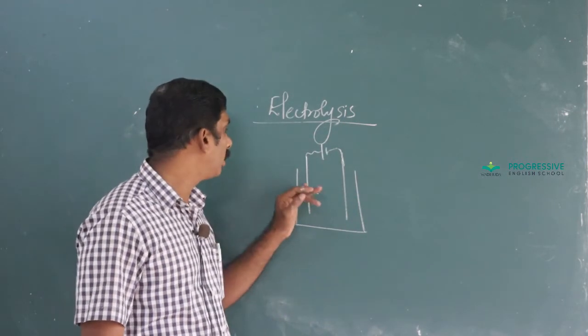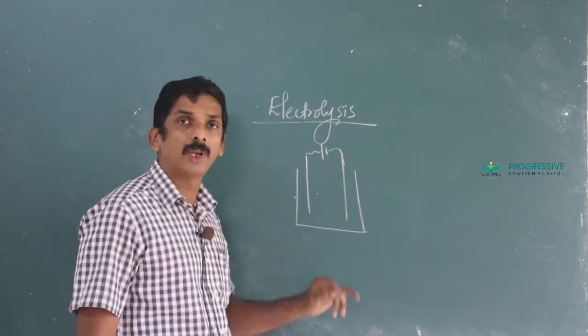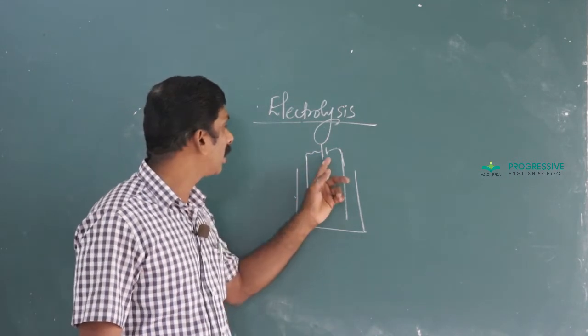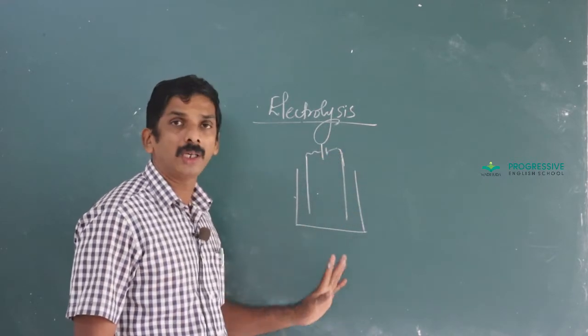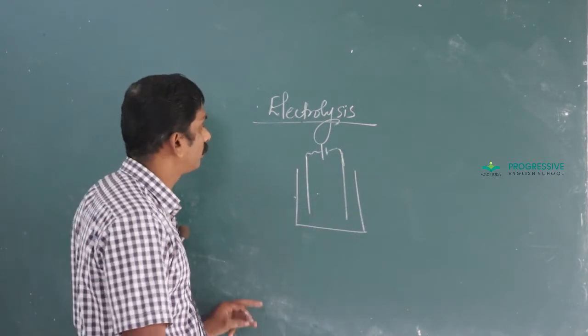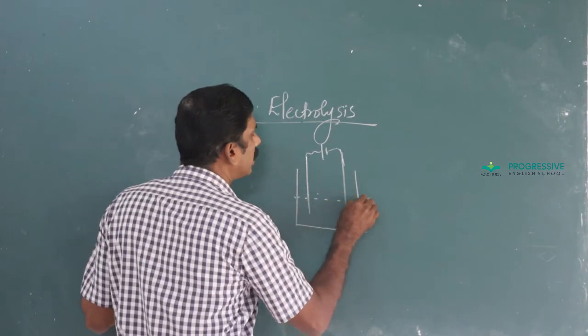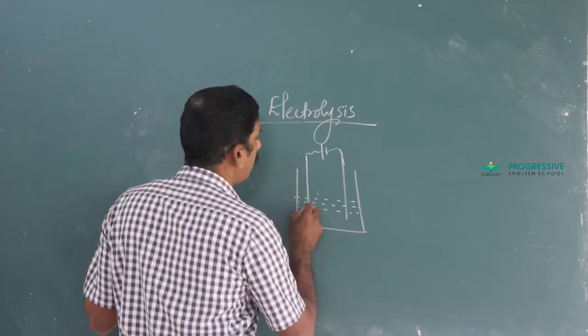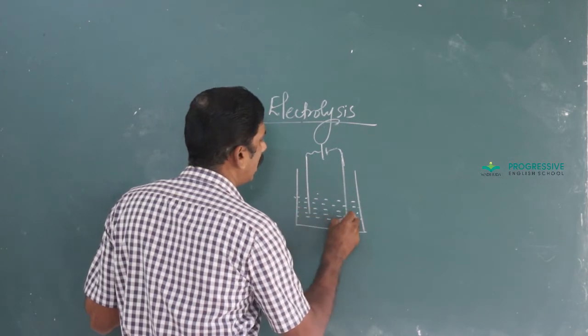The electrode connected to the positive terminal of the battery is called the anode, while the other connected to the negative terminal is called the cathode. The electrodes are normally immersed or dipped in electrolyte.